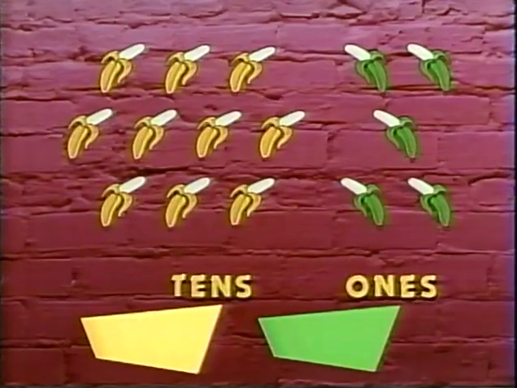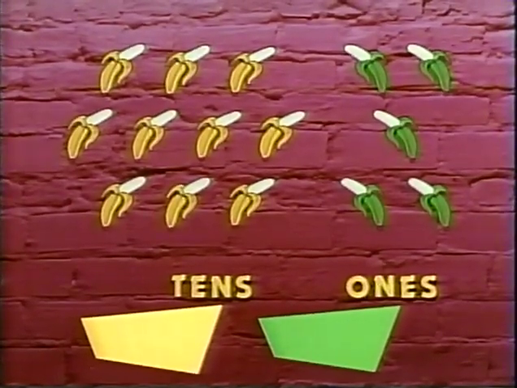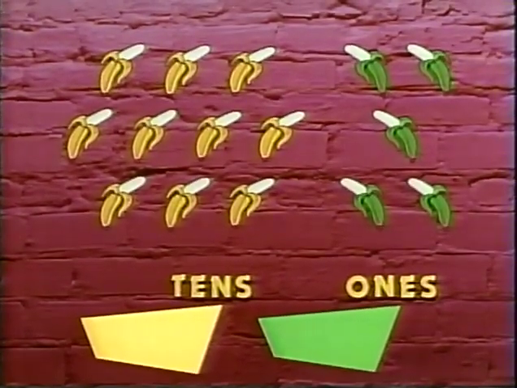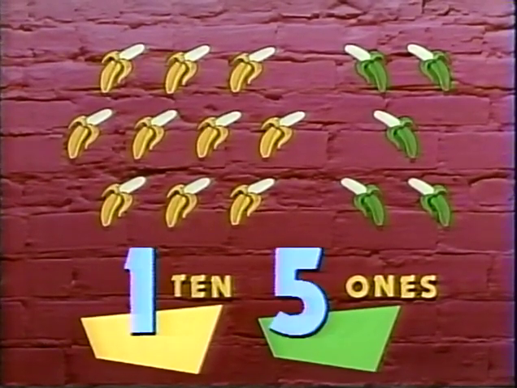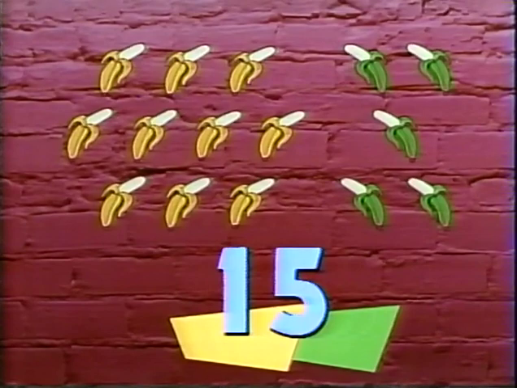Here are some bananas. One set of 10 bananas and a set of 5 bananas. How many bananas are there? There are 15 bananas, and we write the numerals 1 and 5 to make the double-digit numeral 15.